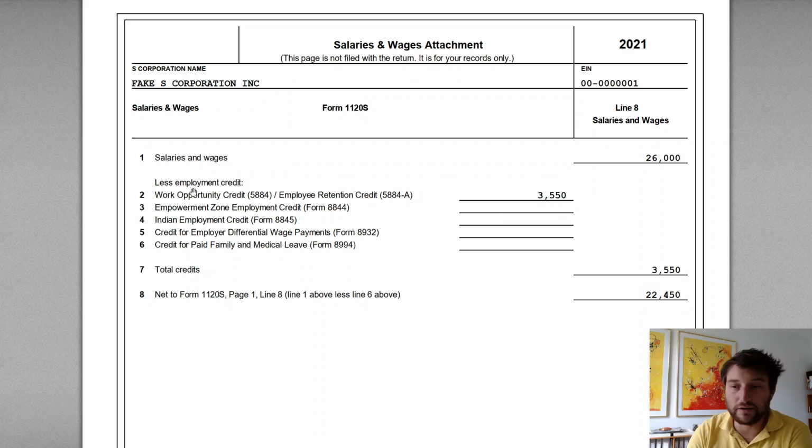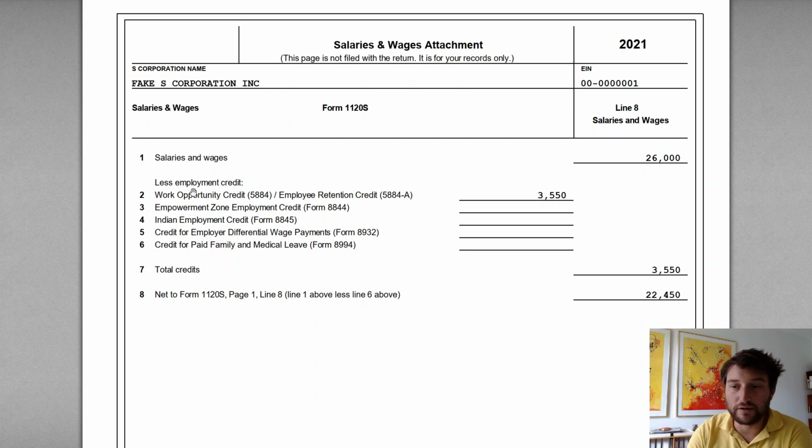So this worksheet's very nice. It's got a list of a bunch of options. In our case here, we have the work opportunity credit, right? We've completed 5884. The amount of credit we're going to get is $3,550. So we have to reduce our salaries and wages by the $3,550. And it's only the net amount that is ultimately deducted on page 1 of the 1120S.